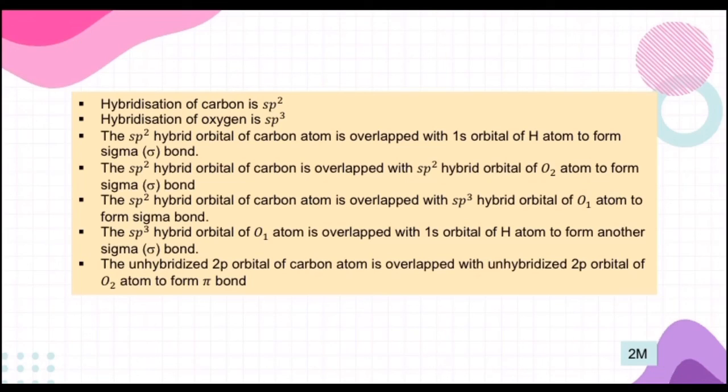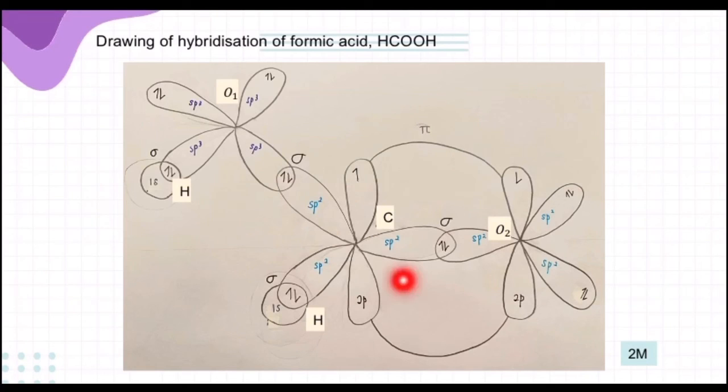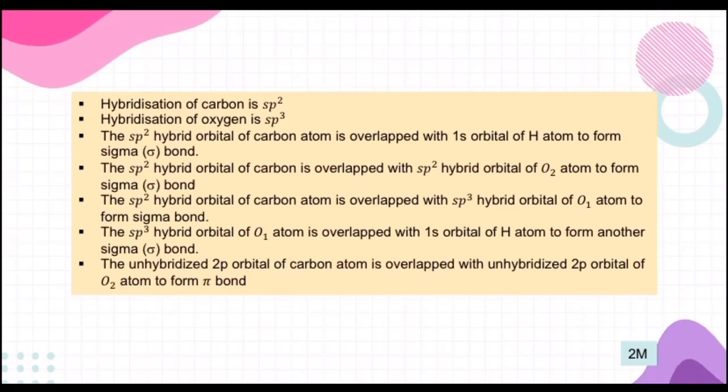The sp2 hybrid orbital of carbon is overlapped with sp3 hybrid orbital of O1 atom to form sigma bond. The sp3 hybrid orbital of O1 atom is overlapped with 1s orbital of H atom to form another sigma bond. The unhybridized 2p orbital of carbon atom is overlapped with the unhybridized 2p orbital of O2 atom to form pi bond. So 2 marks will be given for explanation.